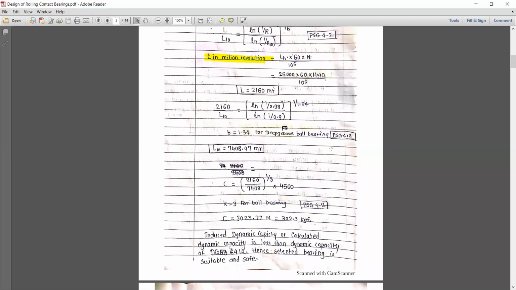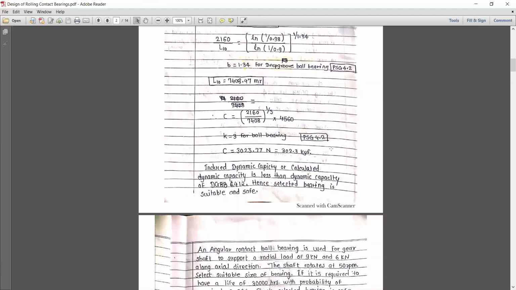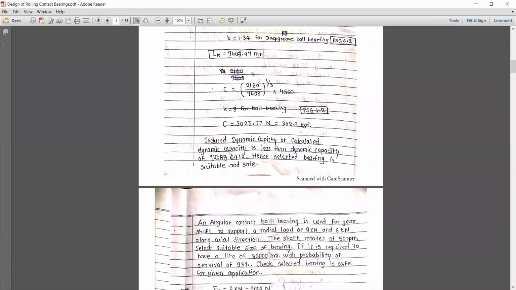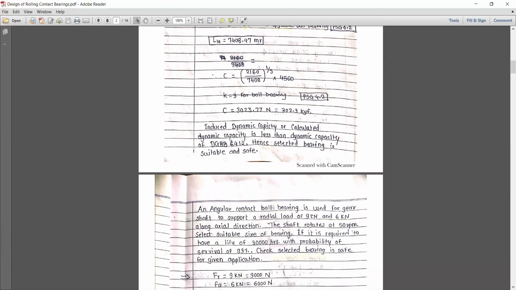So that is the difference. जैसे ही आप probability या फिर reliability कोई भी system का बढ़ाओगे तो उसका life थोड़ा कम हो जाएगा, and the cost is also increasing. So while choosing anything, you should understand based on what probability you are going to design.